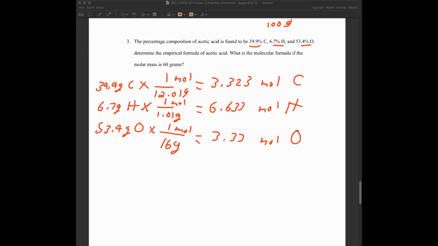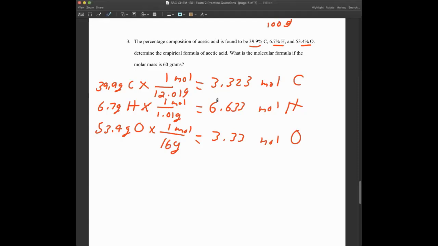And what is the next step that we have to do, if you remember from that PowerPoint? If you don't, that's okay. Does anyone remember? Divide by the smallest. Perfect. Close. So we're going to divide by the smallest. What's the smallest number here? Yeah, 3.323.